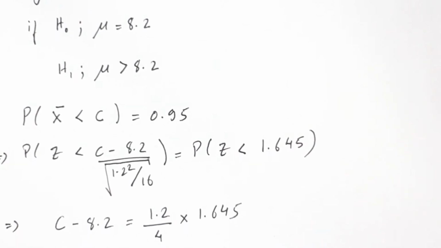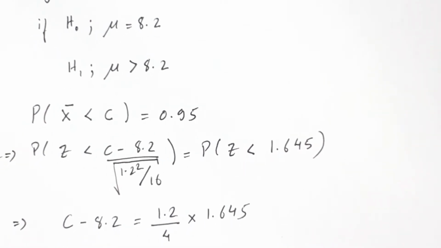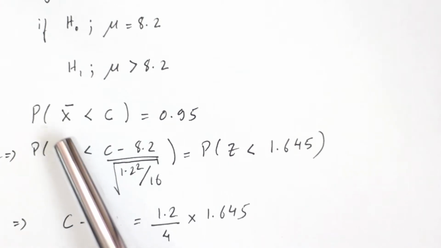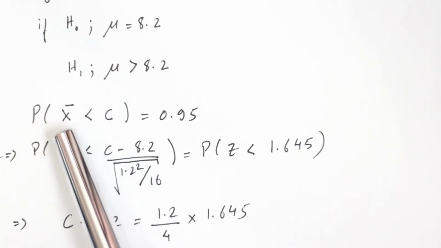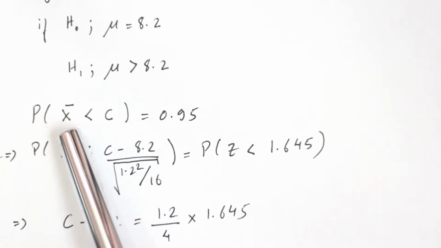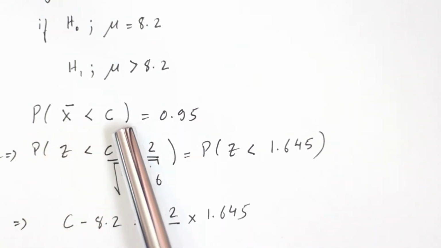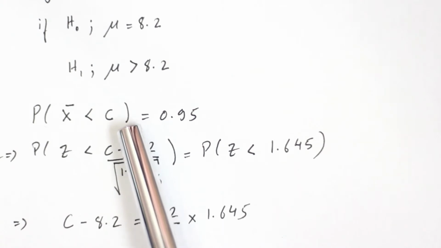If you want to test a hypothesis within a 5% significance level, then we are basically saying that probability of mean is less than C, where C is the limit up to which the hypothesis is valid.